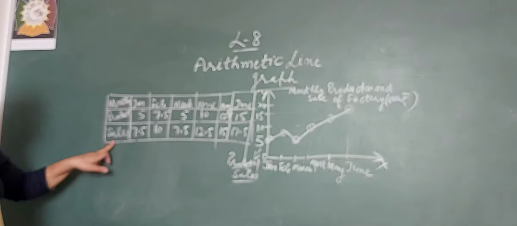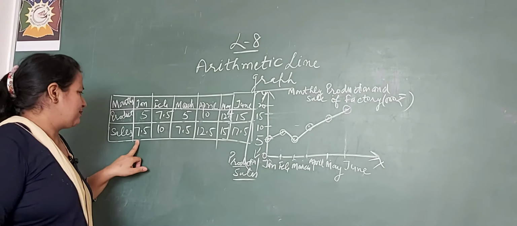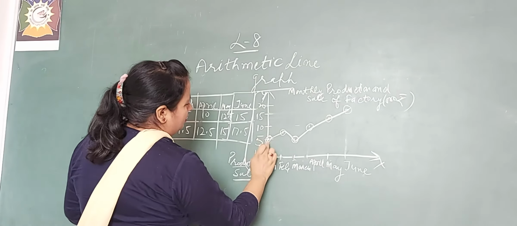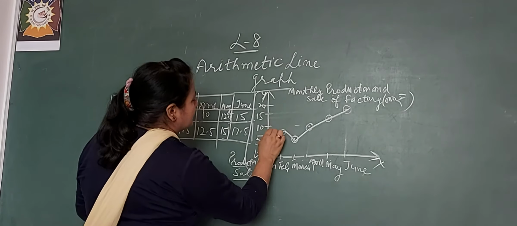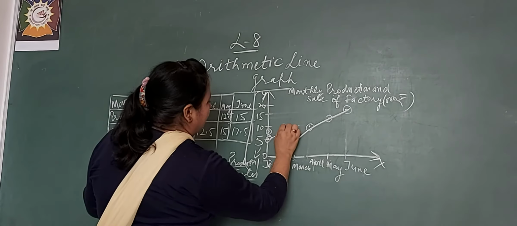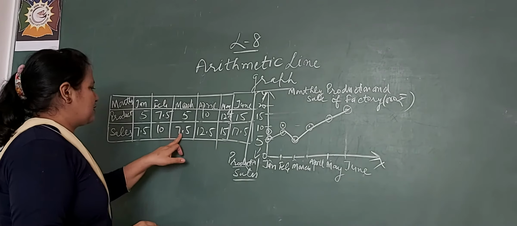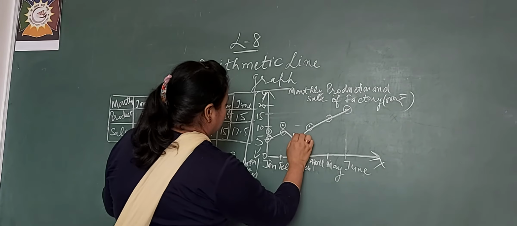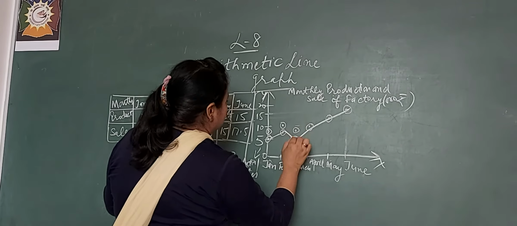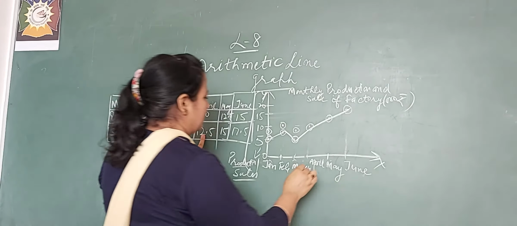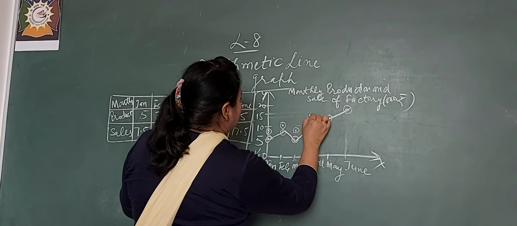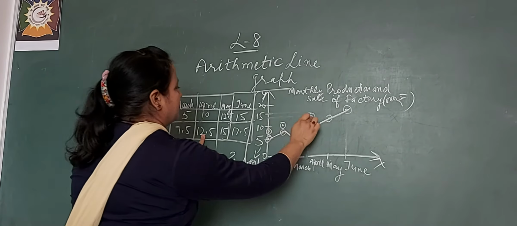Now I will take the sales. Let us start sales. This is 7.5, which lies between 5 and 10. Next 10 in February. Next 7.5 in March. Next 12.5 in April, 12.5 lies between 10 and 15.